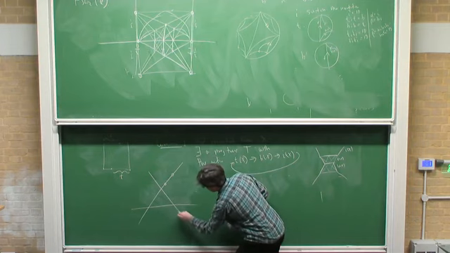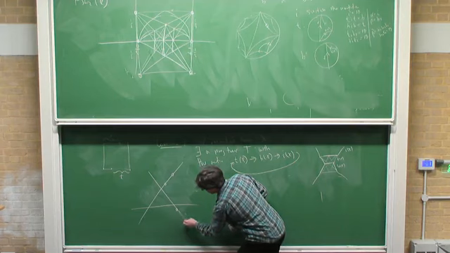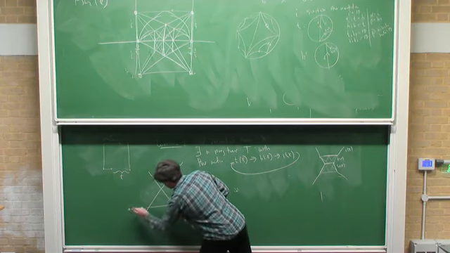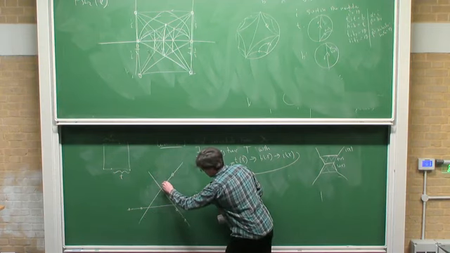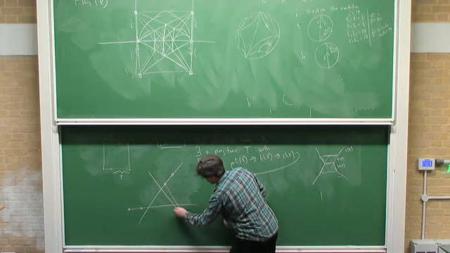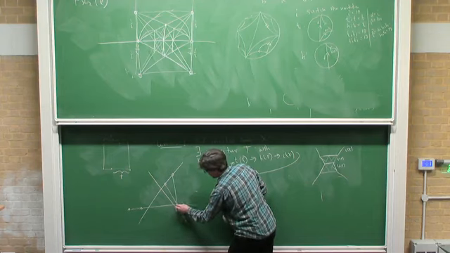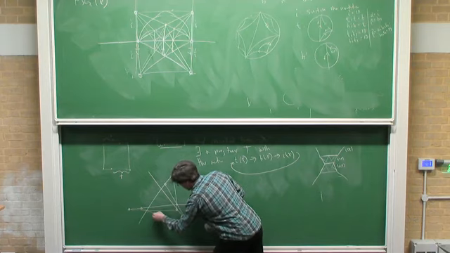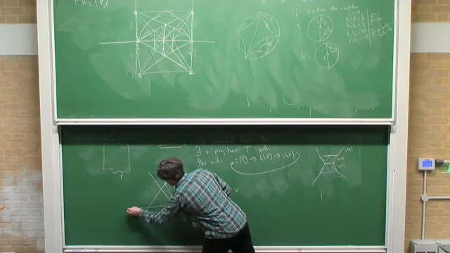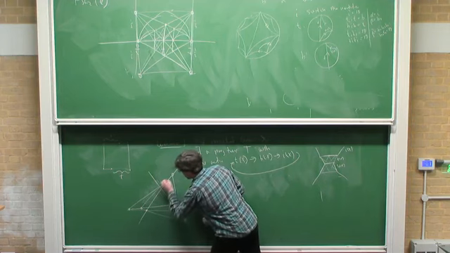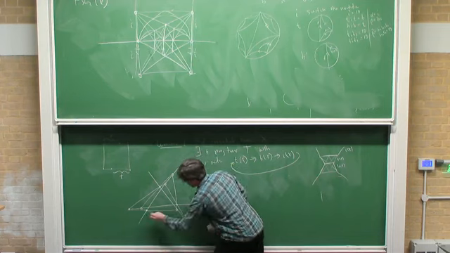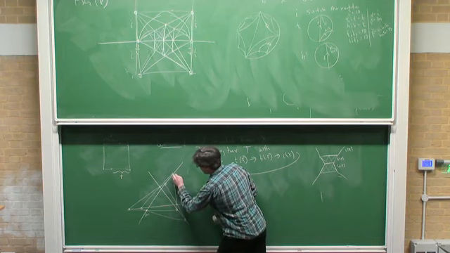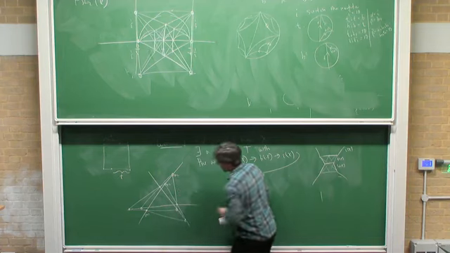The start of it is easy to draw. You put points like this, and then you draw the inner to the outer in all cases. Like so.